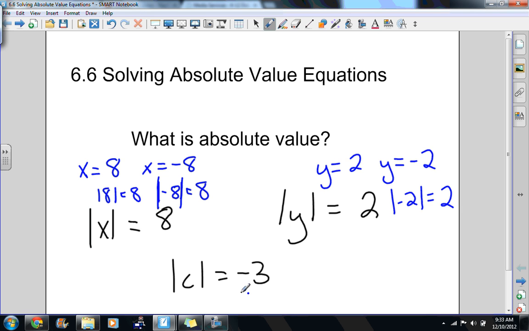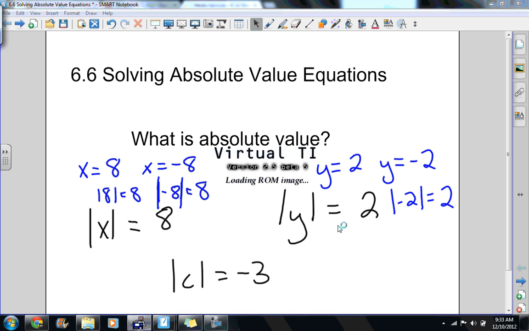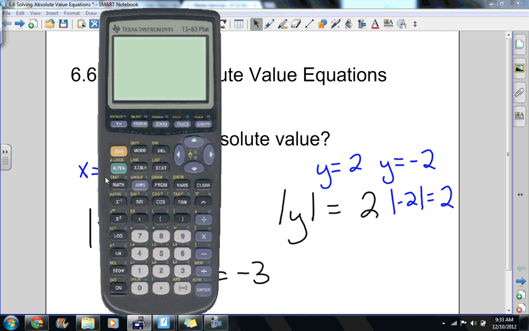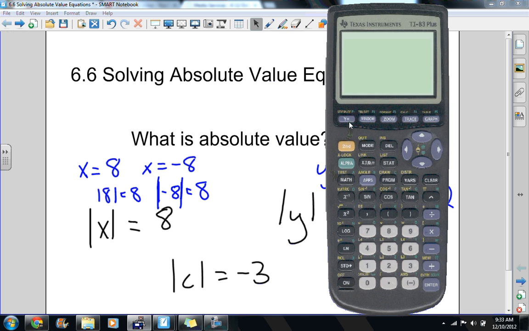And down here, this is where it gets a little tricky, because I want to show you what a graph of absolute value looks like. So let's say we're going to just make the absolute value of x, just some number.